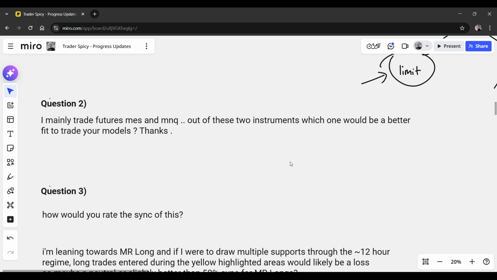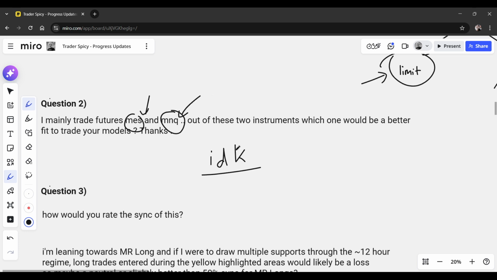The answer to that question, unfortunately, is I don't know. I actually don't know, because I have zero data about the ES and zero data about NQ. I have zero data on Dow Jones and Russell, all of the traditional market stuff. I haven't done any testing with these specific strategies.